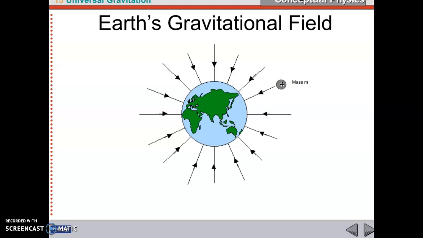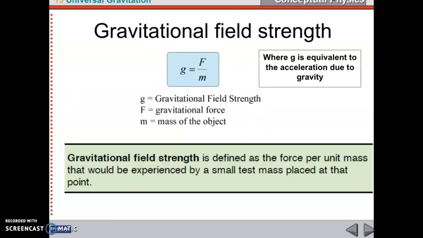So you can understand why the value of g is calculated by taking the force and dividing it by the mass of the object in the field. And that will give you the force per unit mass, per kilogram, of any object in that field.